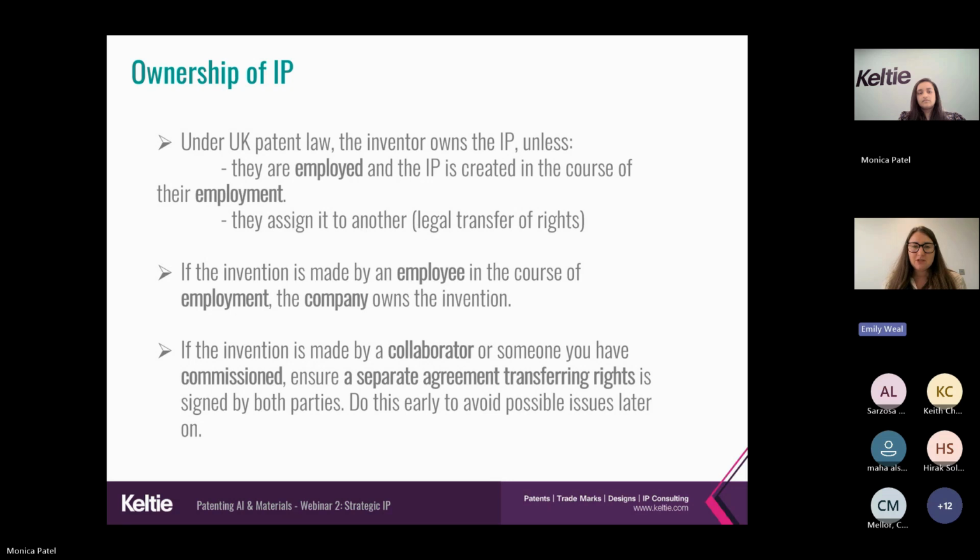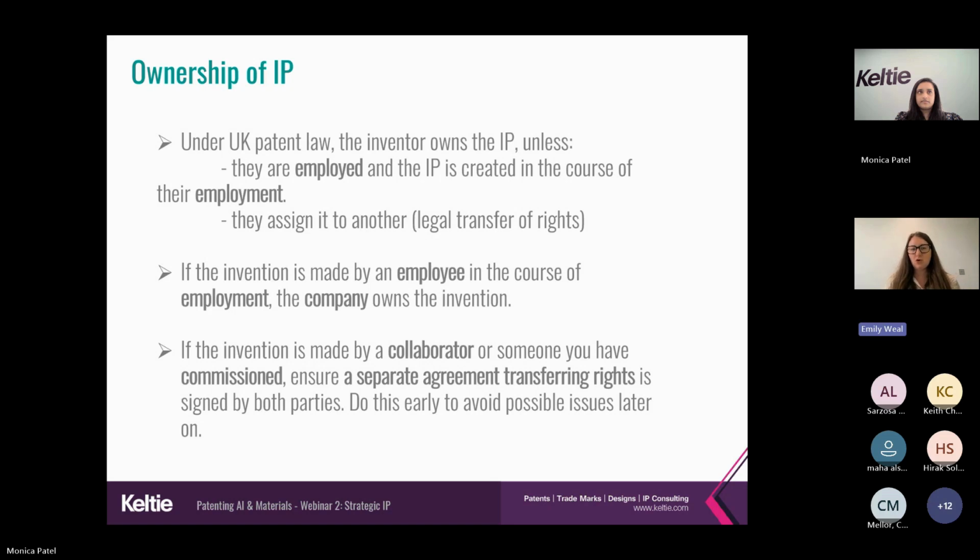So I mentioned that you might have more than one inventor. It would be pretty common in collaborations or research teams that there might be more than one person who's made a contribution to devising the inventive concept. That might be nice and simple if both of those inventors are employed by the same company, because then it's still just the company that owns the IP.